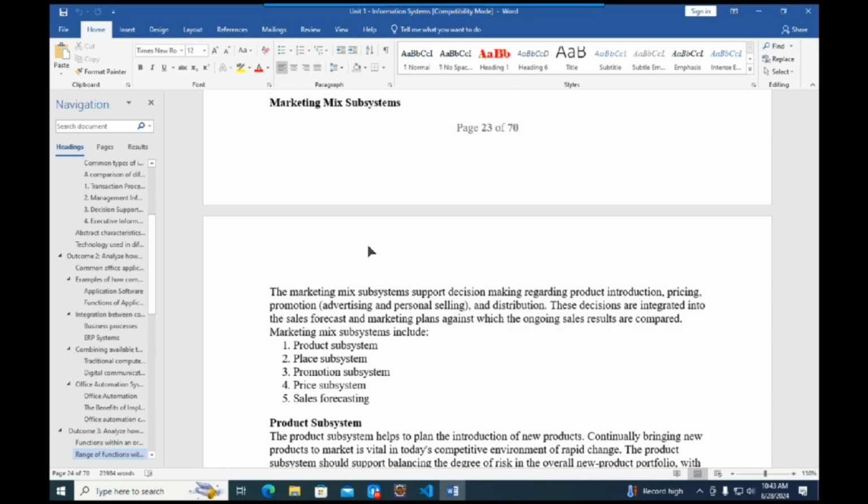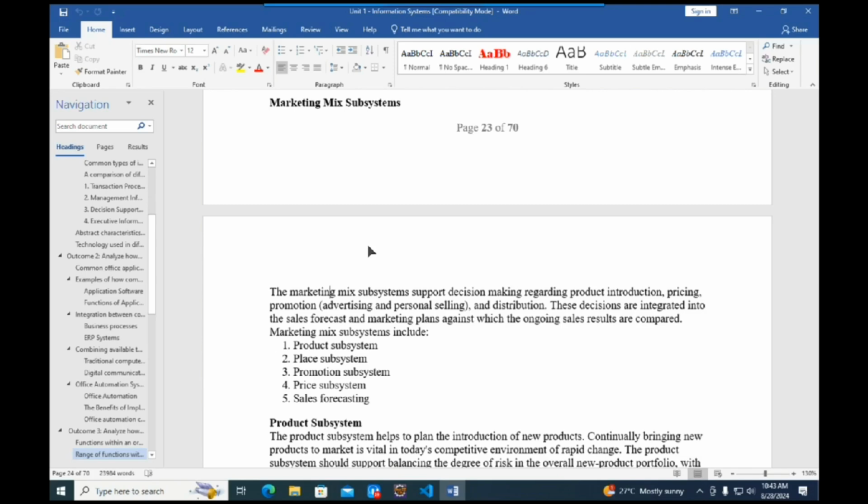So we have decisions that are integrated into the sales forecast, in other words, the sales prediction, in terms of the ongoing sales. Then we compare the decisions that we make, the forecast, and the plans, and we set plans for the marketing.